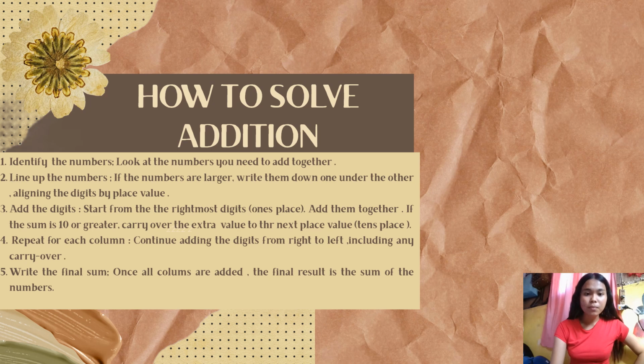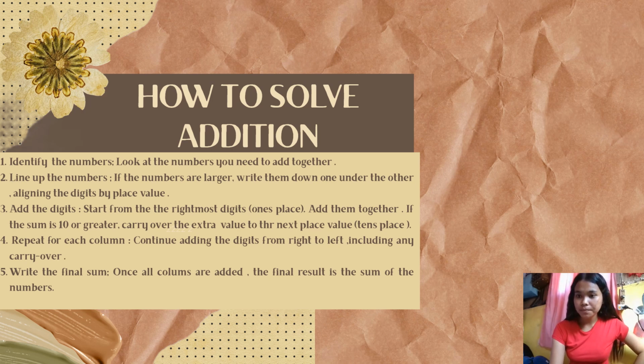Start from the rightmost digit, the ones place. If the sum is 10 or greater, carry over the extra value to the next place value, the tens place. Fourth, repeat for each column, continuing from right to left, including any carryover. Fifth, write the final sum. Once all columns are added, the final result is the sum of the numbers.